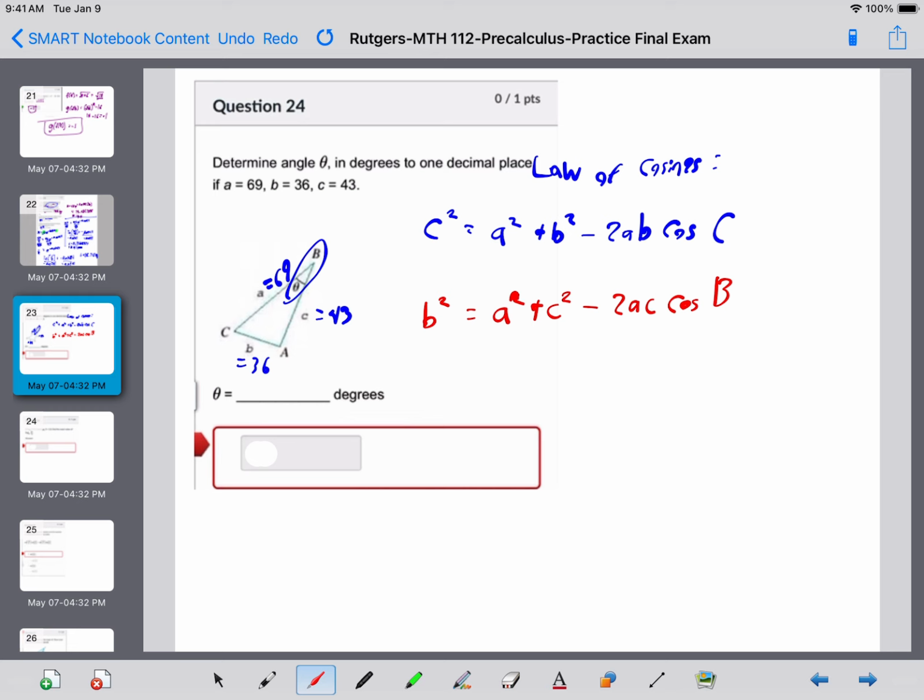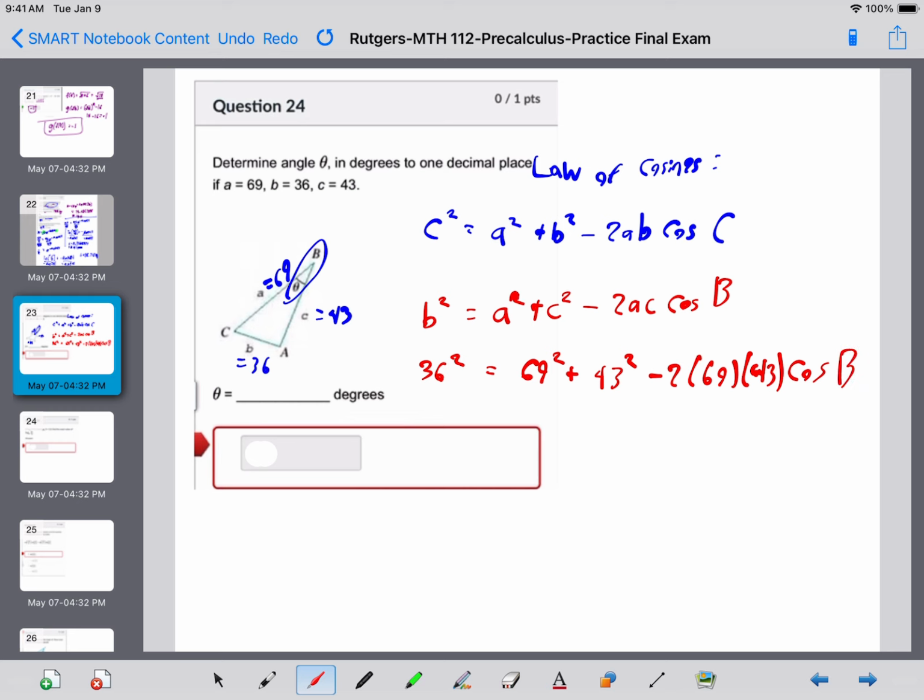So then I have to plug in. B is 36 squared equals A is 69 squared plus C is 43 squared minus 2 times 69 times 43 times cosine of b.